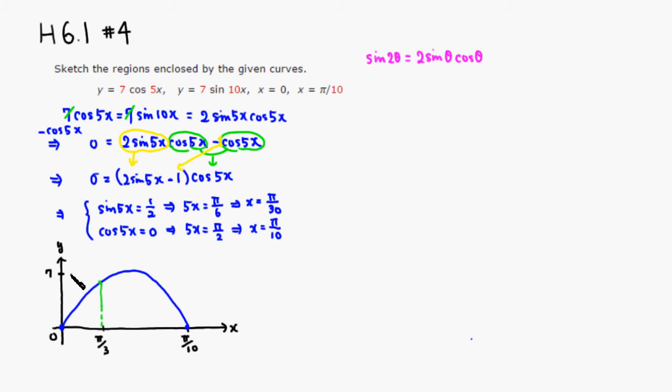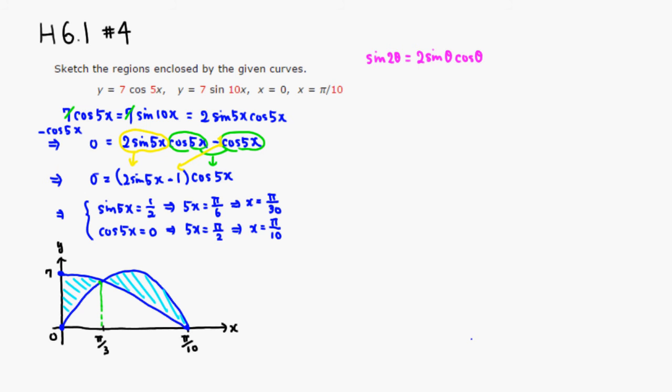It starts from 7 there and is 0 there. So it's going to go through there. So the region we're looking at is from 0 all the way to pi over 10. So this is the region.